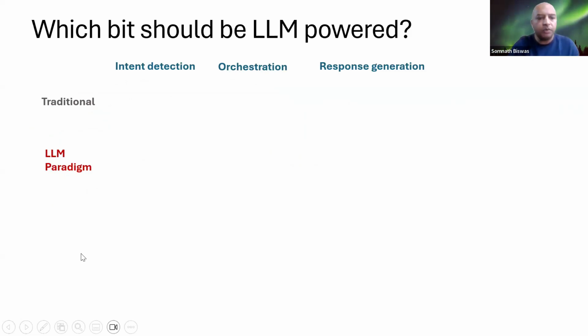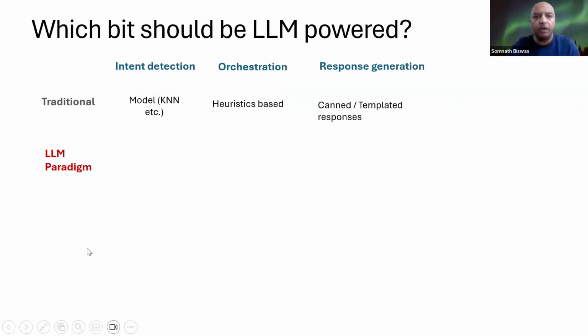If you look at it from a traditional setup perspective, and again, this is one way of looking at it, there could be multiple ways, but in every conversation you will have an initial part of intent detection. This is also where you're extracting your entities, but largely it's what does the user want through the utterance. Once you've understood that, then comes orchestration, and subsequently how you generate the response.